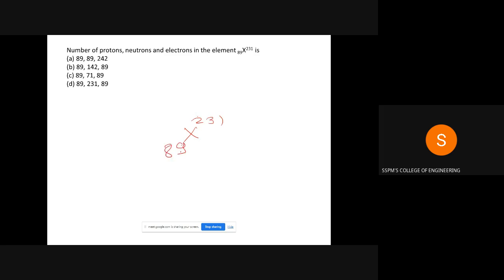Atomic mass number means what? It contains protons and neutrons, whereas the atomic number is equal to the protons and electrons. So in element X, protons are 89, electrons are 89, and you have to calculate the neutrons.